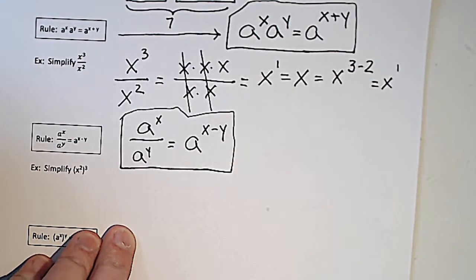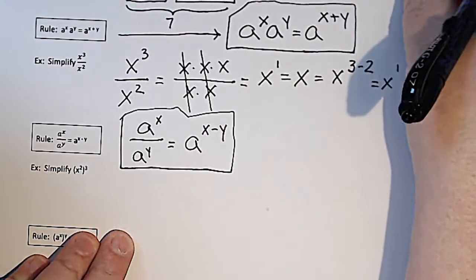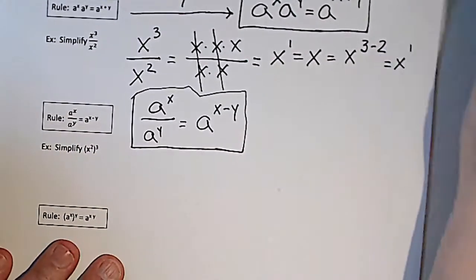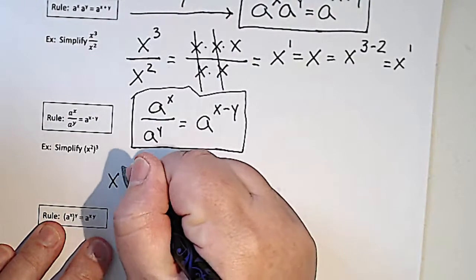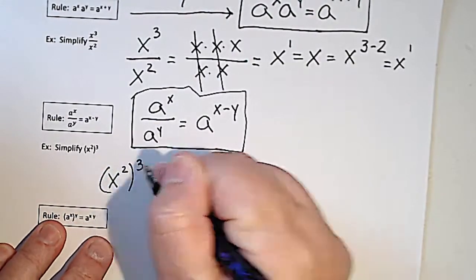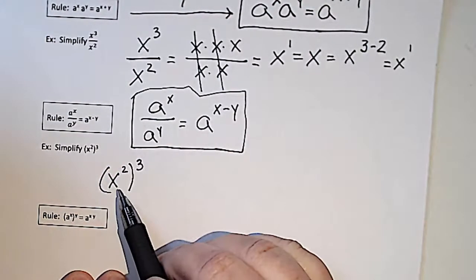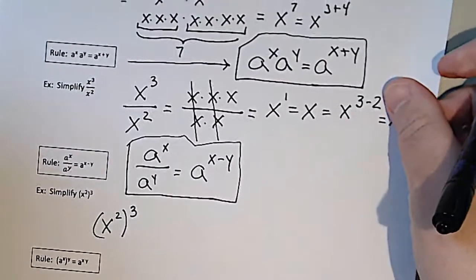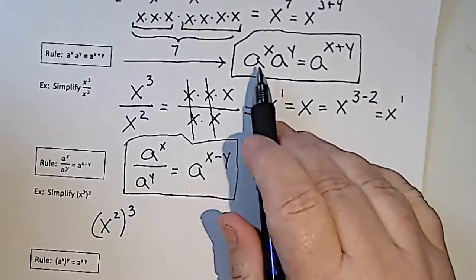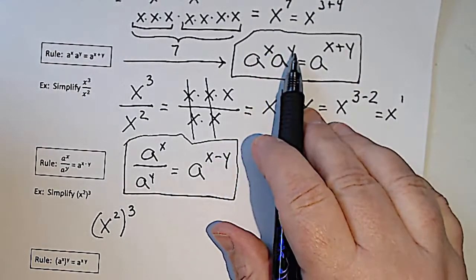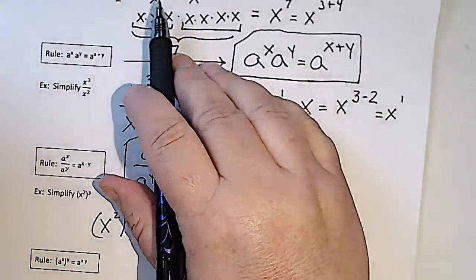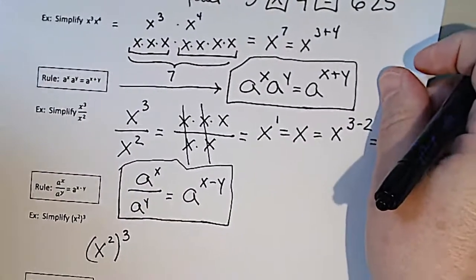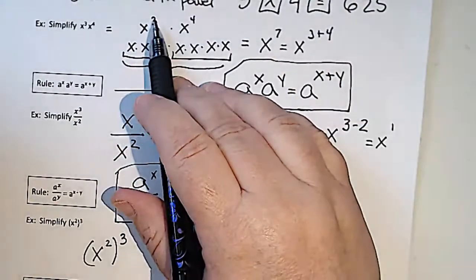Okay, the last rule on this page, there are a lot of rules, is what happens if I have x squared cubed. So what if I have one base with two variables? Now let's scooch it back up and look at this formula. This formula up here, a to the x, a to the y, or in our original problem, x to the third, x to the fourth.